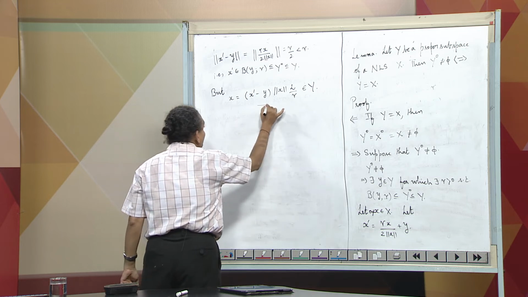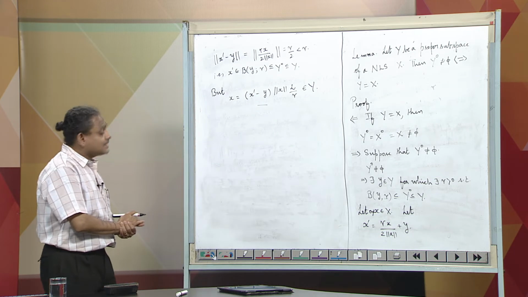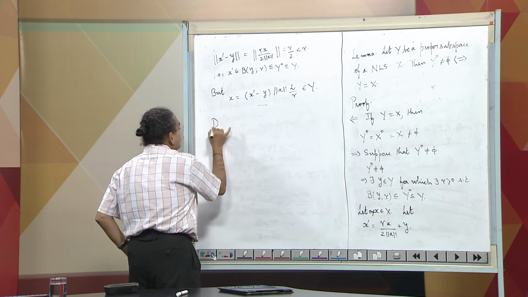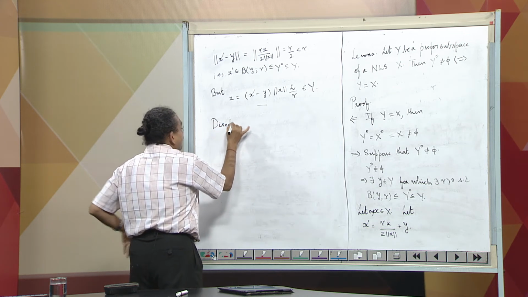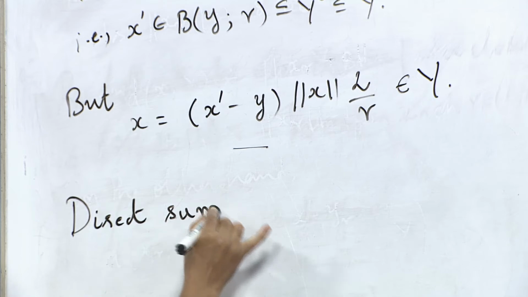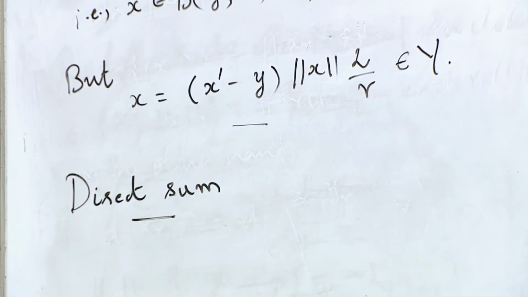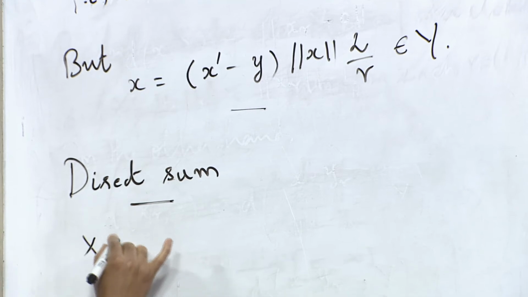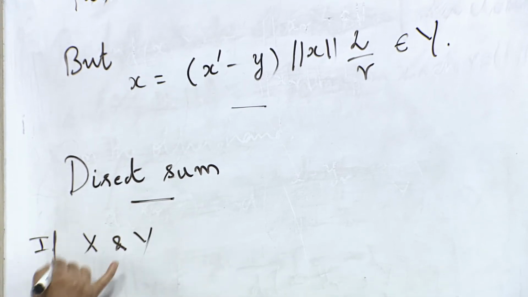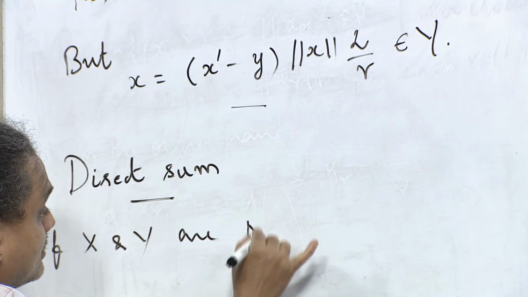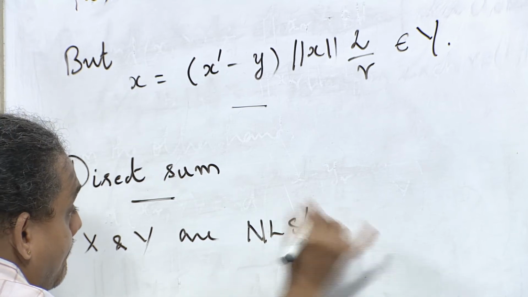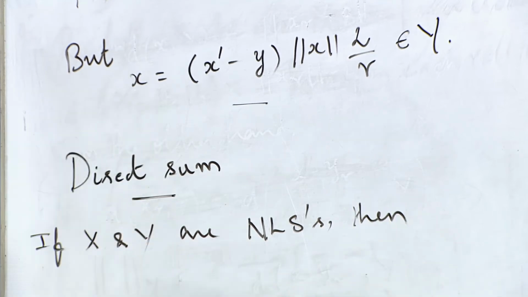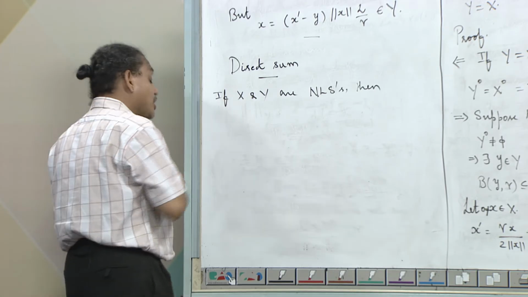So, these are the two things that we wanted to observe for subspaces. Let us go to the next way of construction, what is known as the direct sum. So, if you have two spaces x and y, normed linear spaces, then we are going to have a new normed linear space.